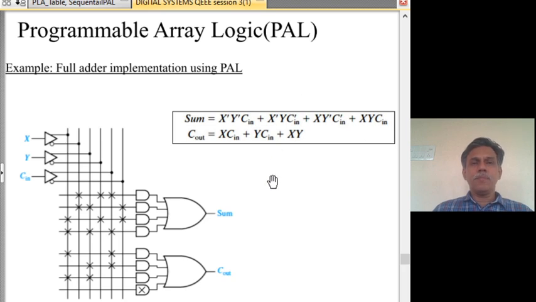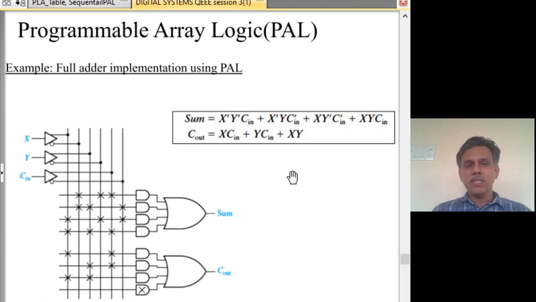So PLAs as well as PALs can be used to realize functions of a certain number of input variables. More often in sequential circuit design, or more generally in designing a finite state machine, we not only generate functions, we use flip-flops to store the state variables and realize the sequential machines.